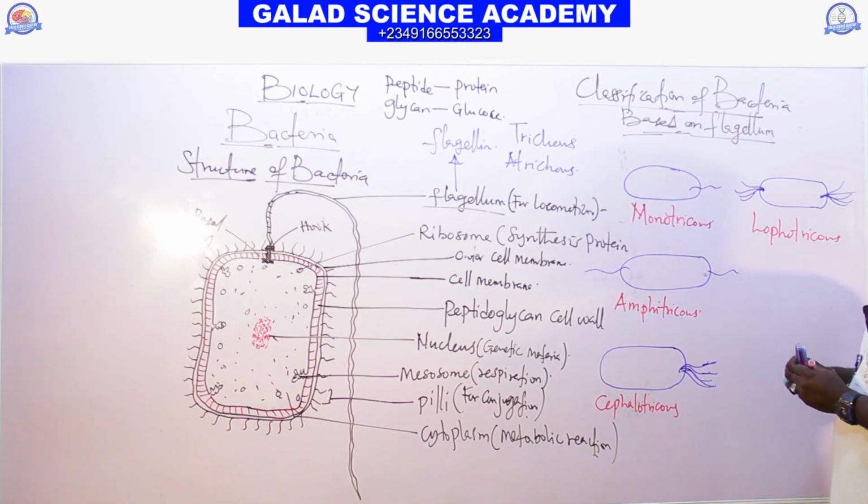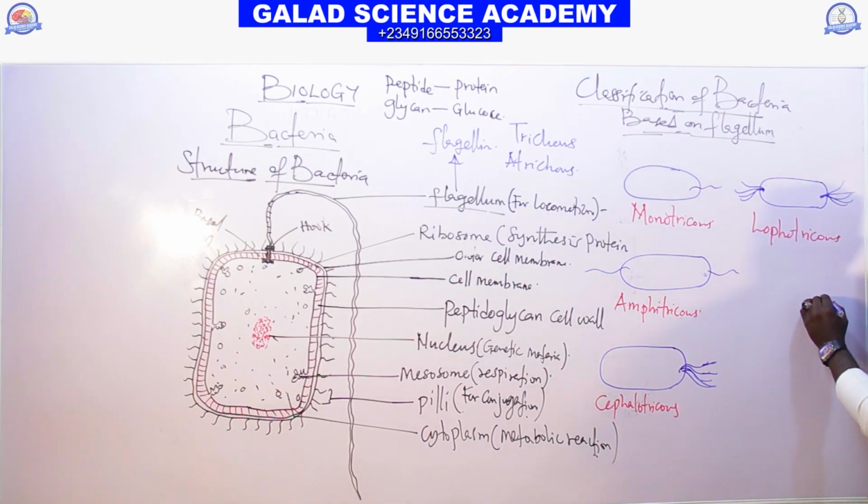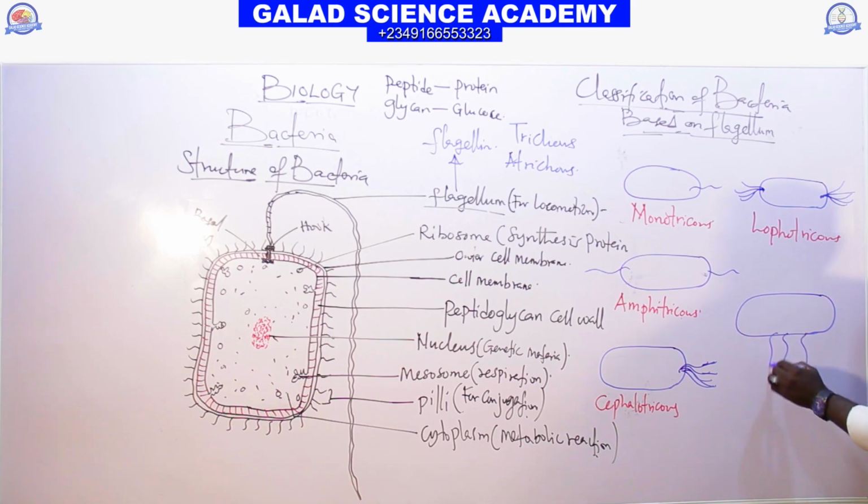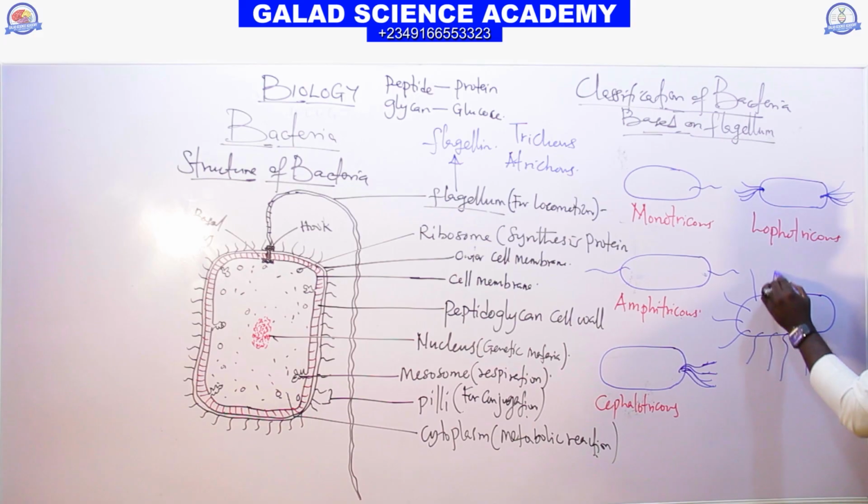And we have some bacteria that have flagella over their entire body surface, like pili. You know, pili, I said, is a hair-like structure. They are short, but flagella are most times longer than the bacteria itself.